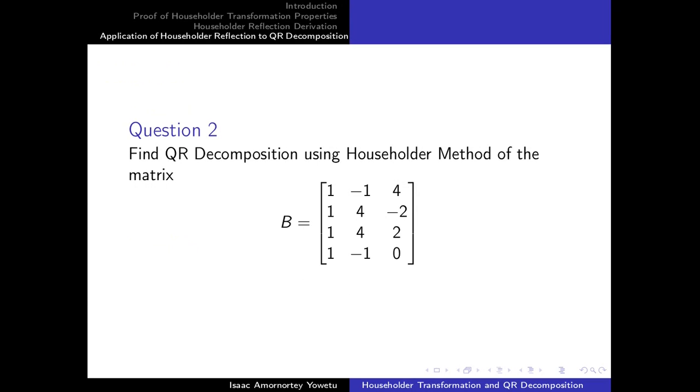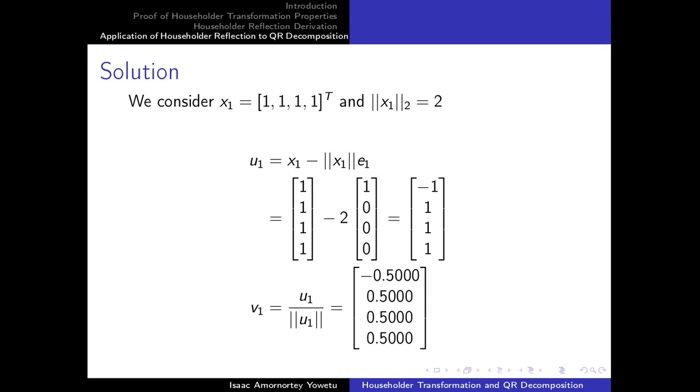We consider the second example, okay? This one is not a square matrix, and we'll see how this one also goes. It follows the same procedure, but let's dive into it and look at it in detail. So we also consider the first column vector, which is our x1 here. We find the norm of it is 2.